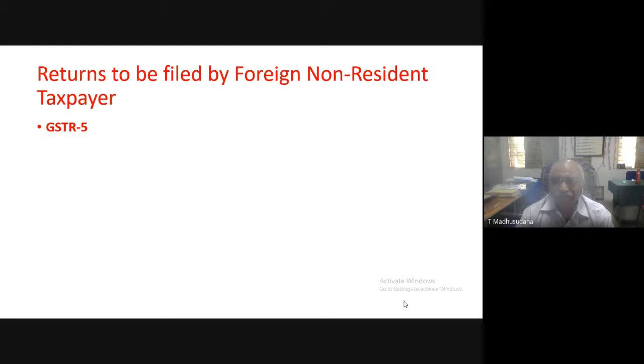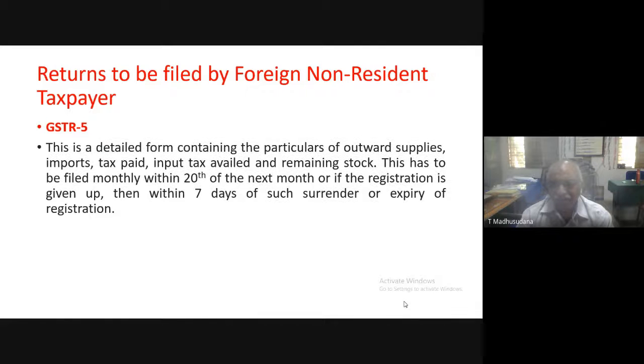So, what are the various forms to be filed by foreign non-resident taxpayers? One, GSTR 5. This is a detailed form containing the particulars of outward supplies, imports, tax paid, input tax availed, and the remaining stock.